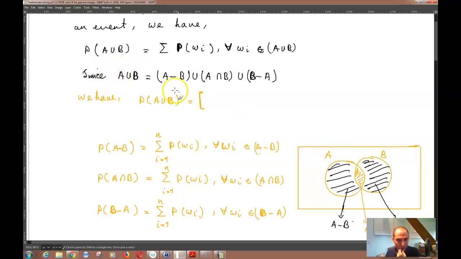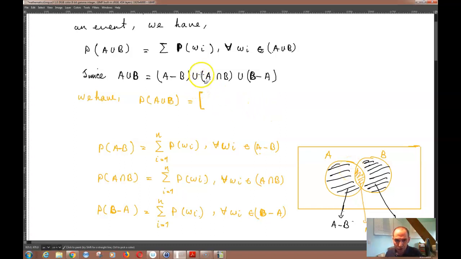So now in order to calculate the probability of A union B, I have to take the probability of this part plus the probability of this part plus the probability of this part, and since there are no outcomes that any of these two sets share, I don't have to subtract anything.